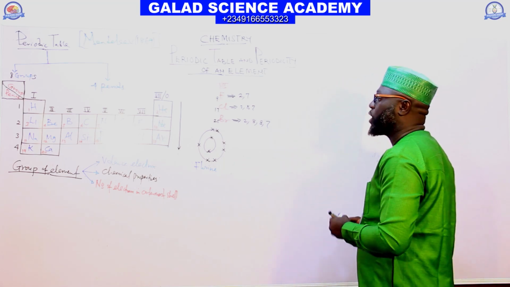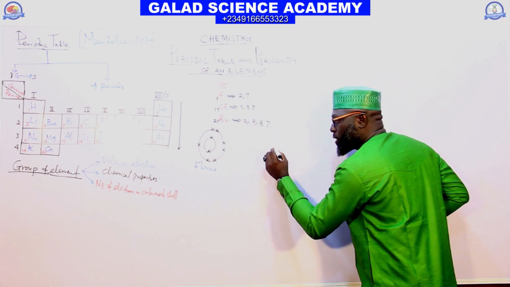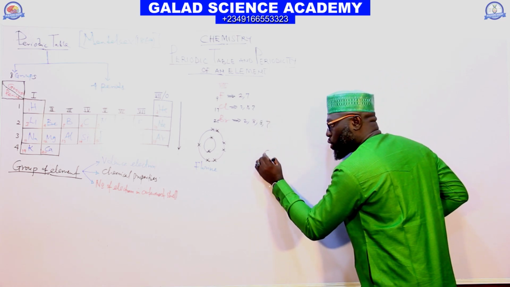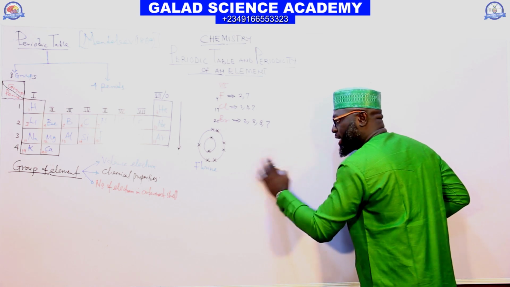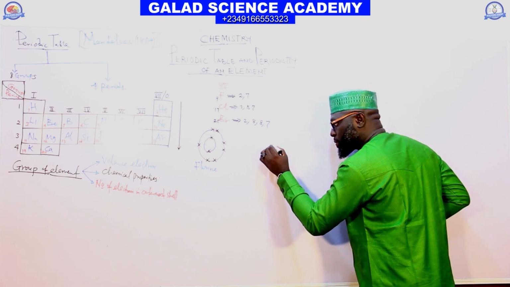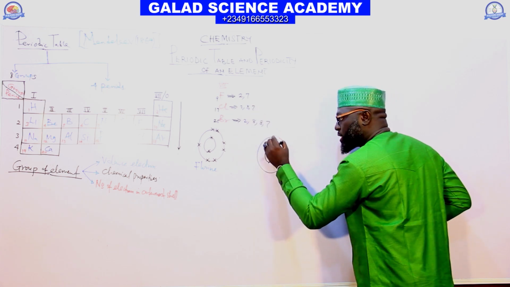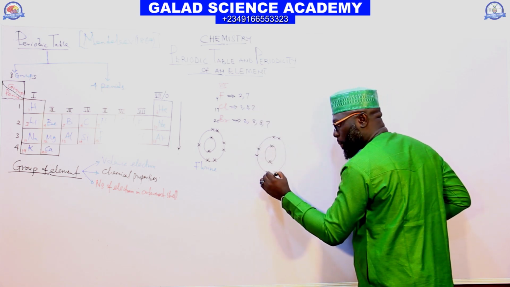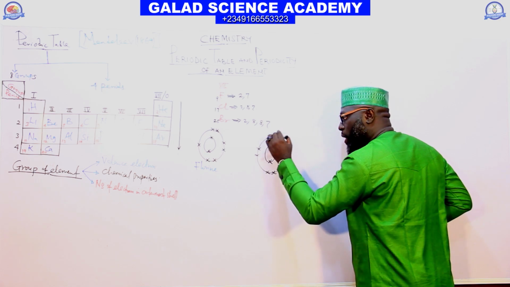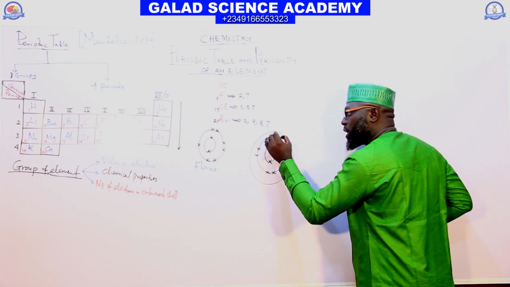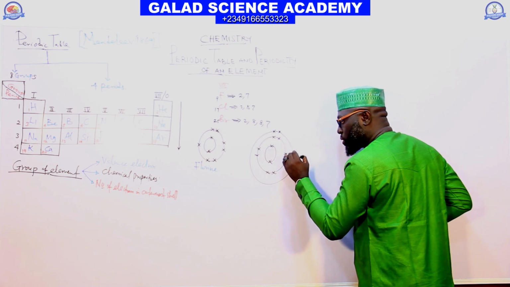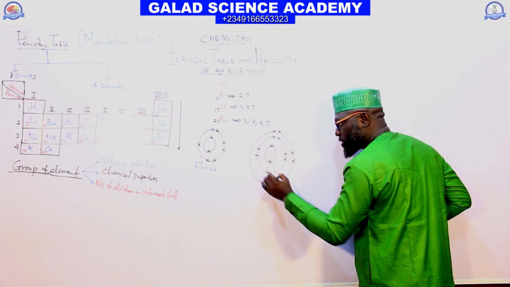Let us look at the second one. We have chlorine. Chlorine has 2 inside, followed by 8, and followed by 1, 2, 3, 4, 5, 6, 7.